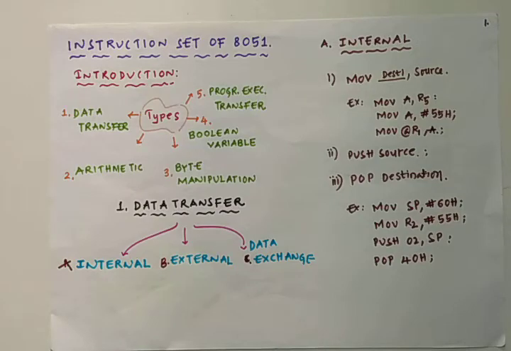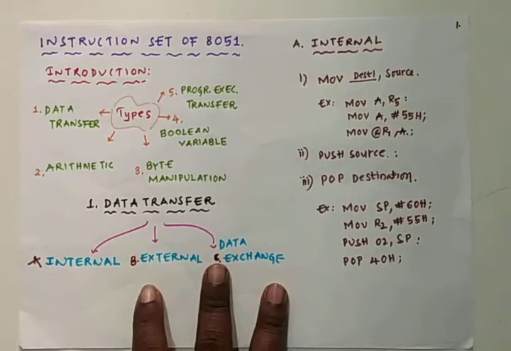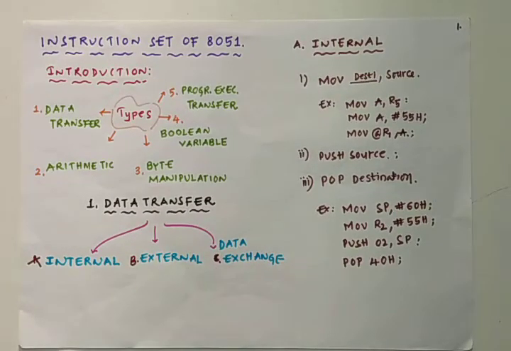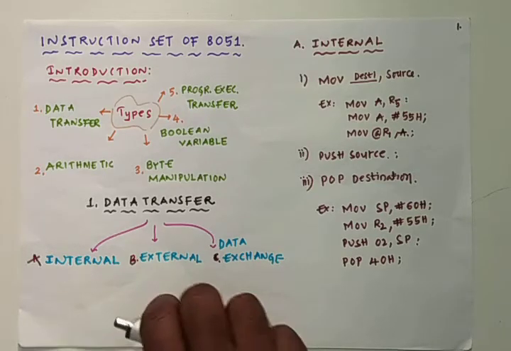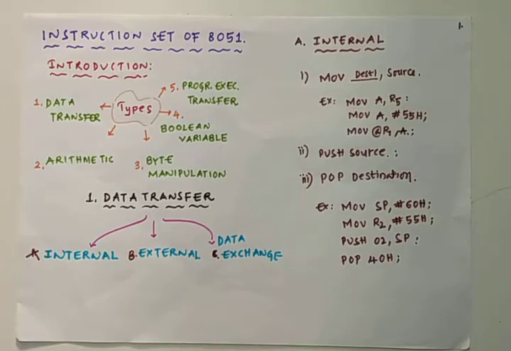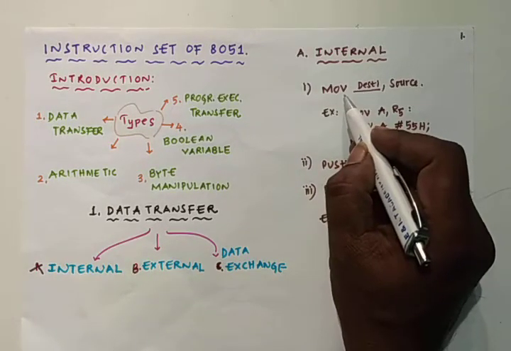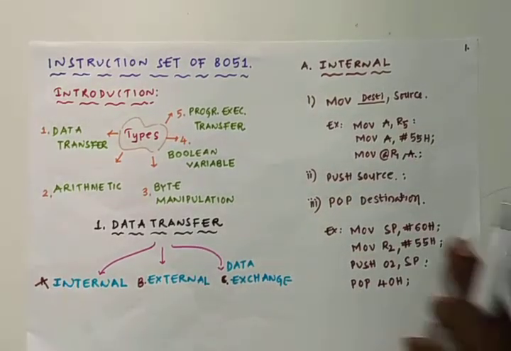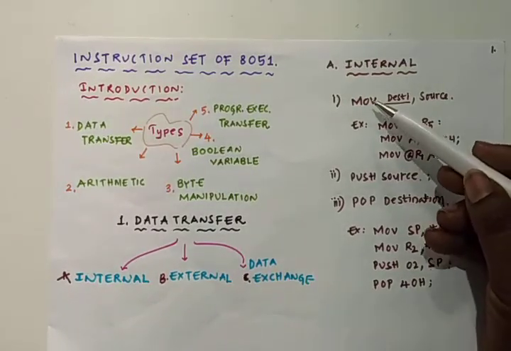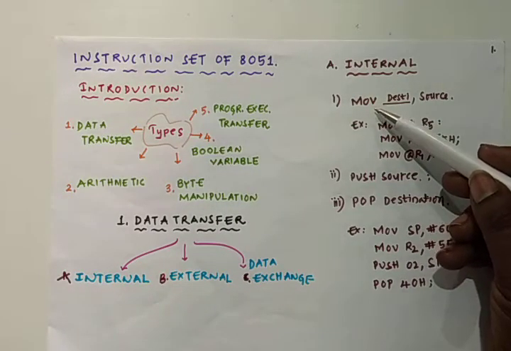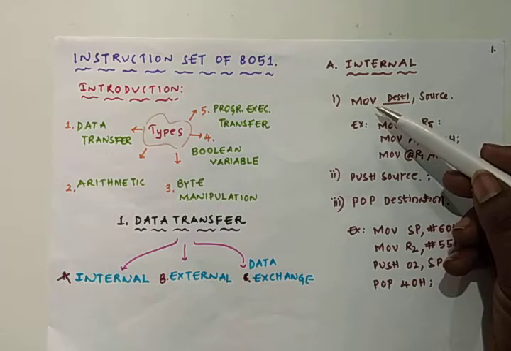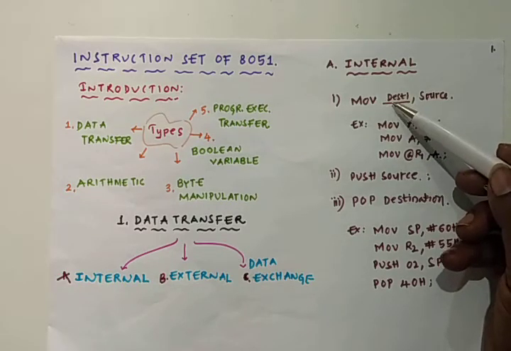First I am going with internal data transfer. We can go with the instruction set of the internal data transfer. This is a mnemonic. A mnemonic is a short form of an English word which describes the type of operation to be performed on the operand.